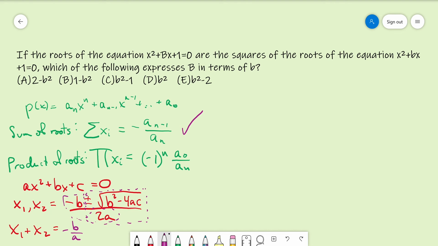Now the product of x1 and x2 is going to be, well, this has the form of u minus v times u plus v.